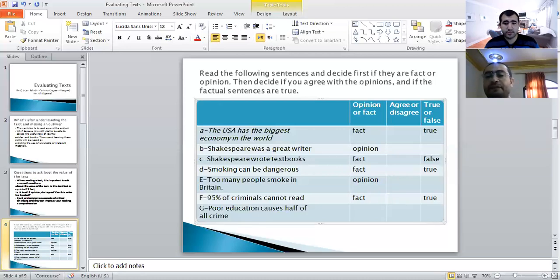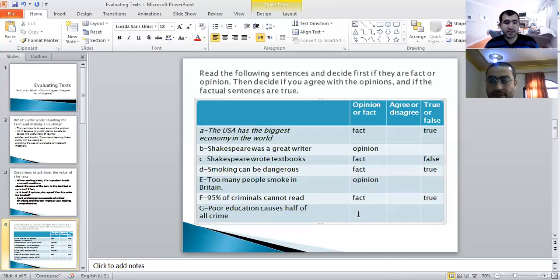So the opinion can be a fact if it is based on real information. An opinion is something I think, but it doesn't have evidence.